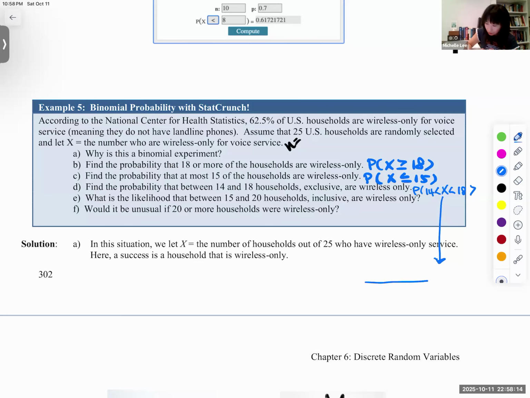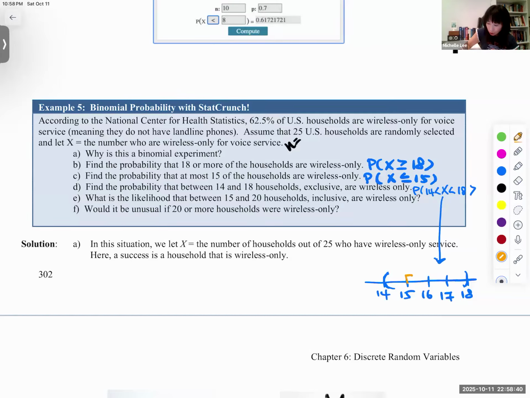think about this. We have this, right? So it's 14, 15, 16, 17, 18. The x is between 14 and 18, not including them. So I want to put parentheses, right? Then we want to make it inclusive with the discrete numbers. So it's better to use 15, 16, and 17, right?